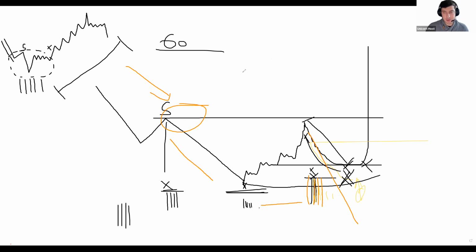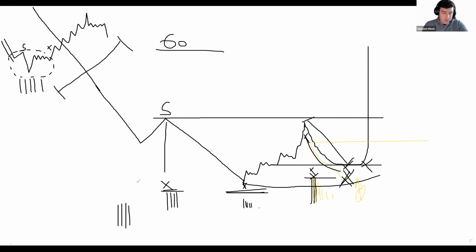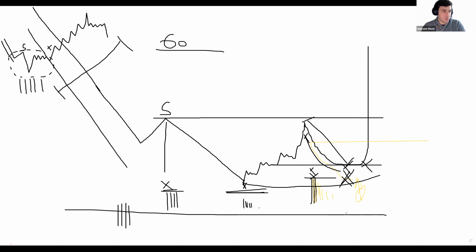Yeah, let's do it with the story of what we're looking at to start with. So let's say, for example, the whole idea is that you are coming down and you want this move down to stop. That's the whole idea to start with. So you say, okay, well, it's overextended. I'm on the sidelines. I don't want to keep on selling this, but I want to see when this move stops.